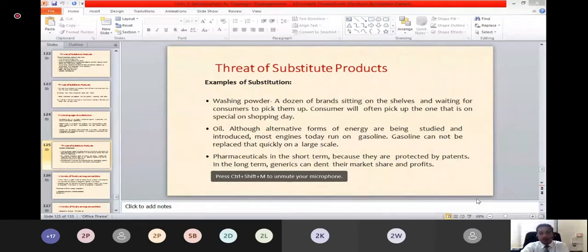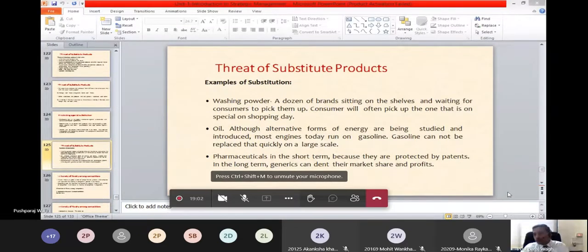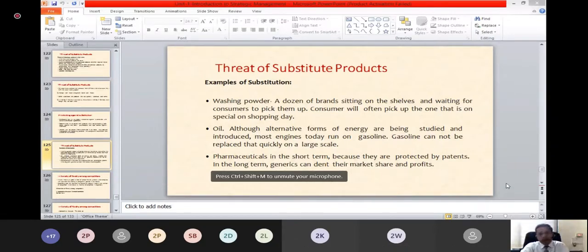In the long term, generics can dent their market share and profits. Once the duration of that patent gets over, most of the companies will come with a similar kind of product, and that market share will be reduced. However, for the short term, till the validity of the patent, the companies can enjoy protection from substitution.